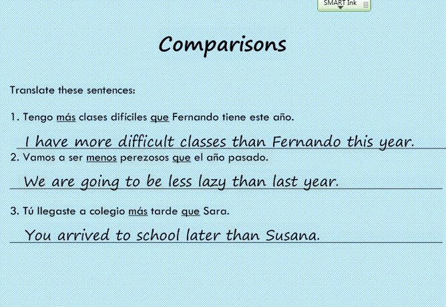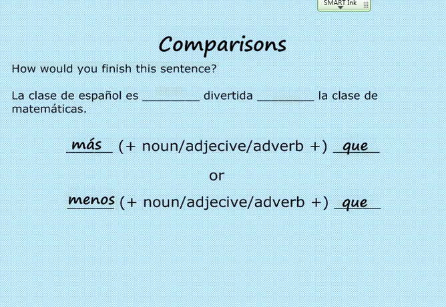You arrived, notice the preterite tense, you arrived to school later than Sara, or more late than Sara. So how would you finish this sentence? La clase de español es más divertida que la clase de matemáticas. I'm sure you would all have finished it that way.